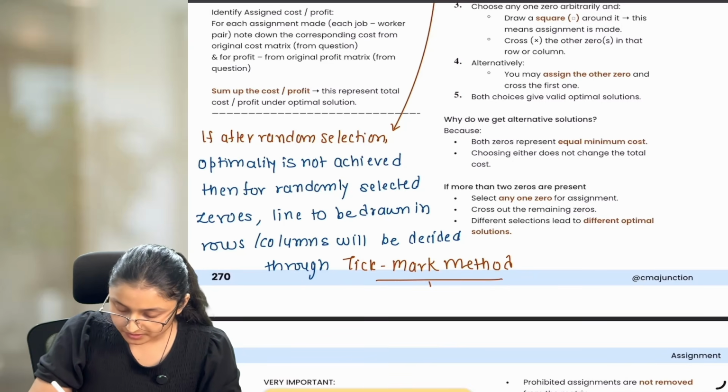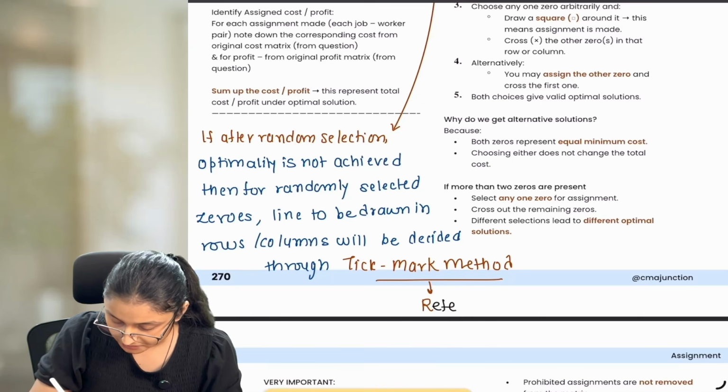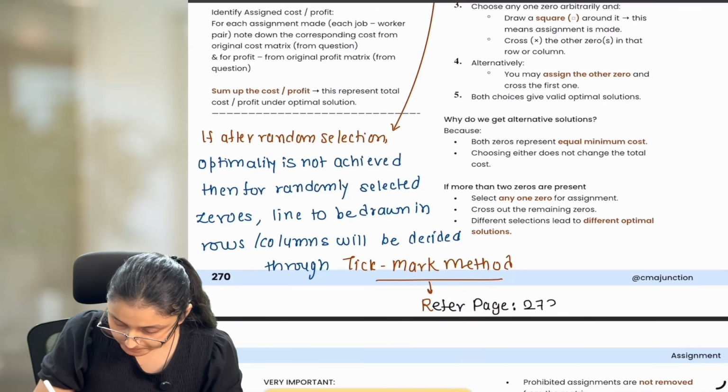And this tick mark method, we are going to write on page number 273. So write here, refer page 273.